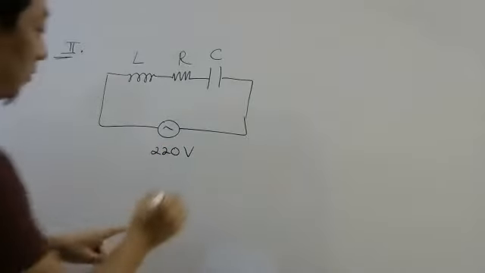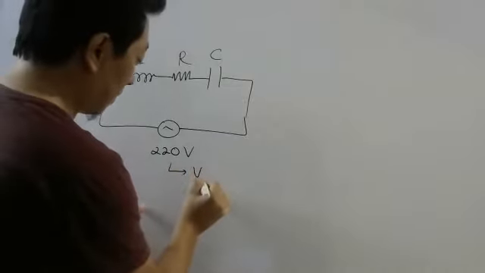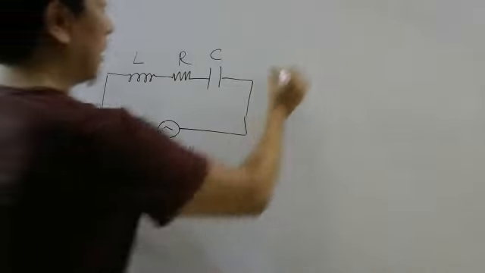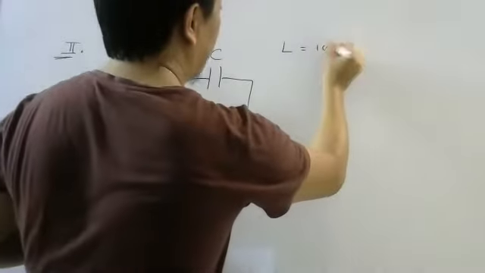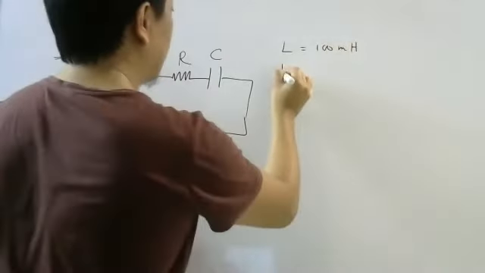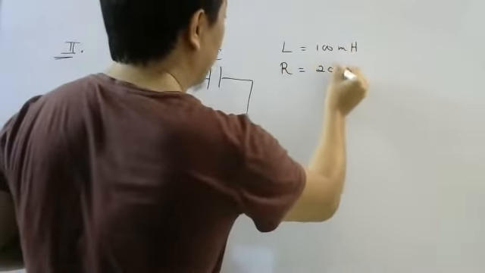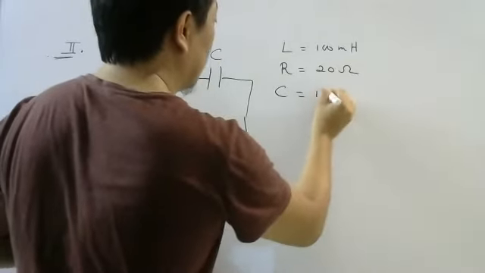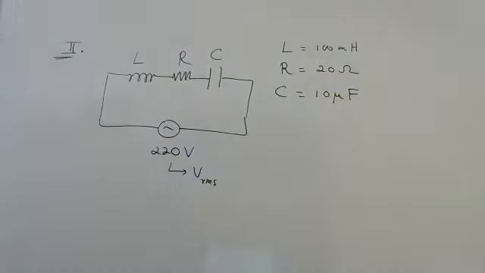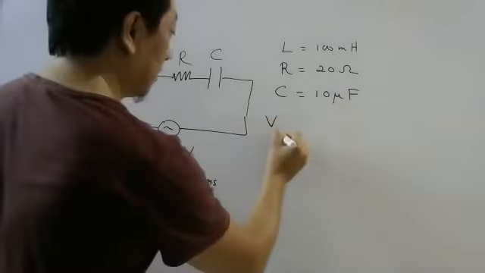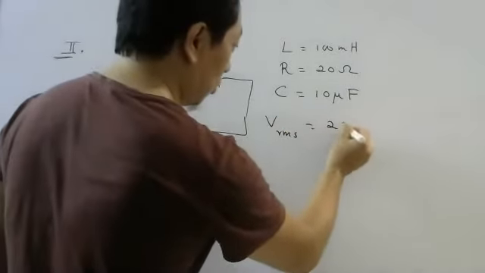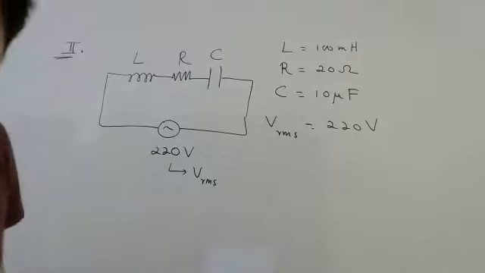Okay, so this means VRMS, remember. And let's say L is, this time let me take 100 millihenry, R is 20 ohm, C is 10 microfarad. And applied voltage is 220.